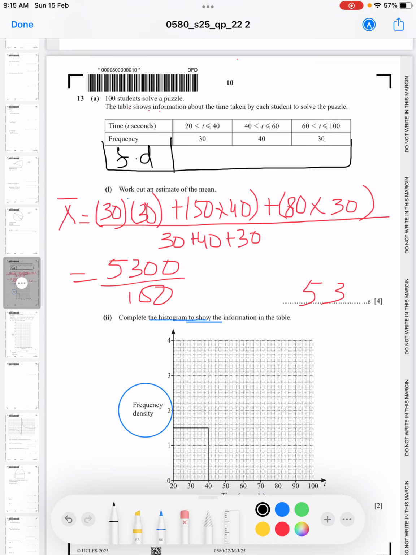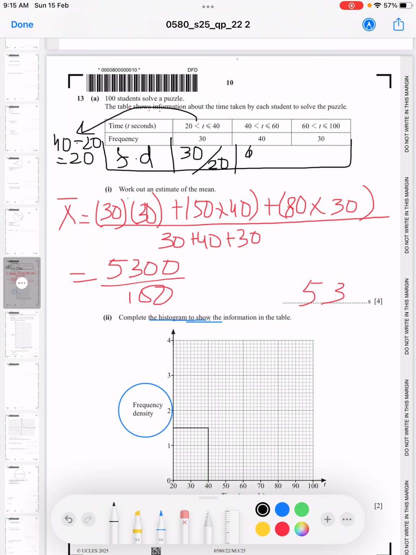For finding frequency density, what we need to do: frequency, that is 30, divided by class width. What is the width? 40 minus 20. This will give you 20. So this is the width, right?